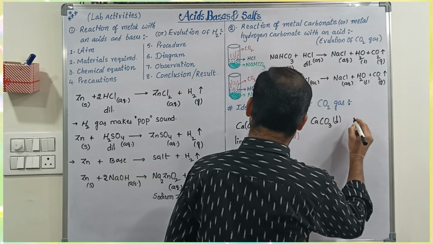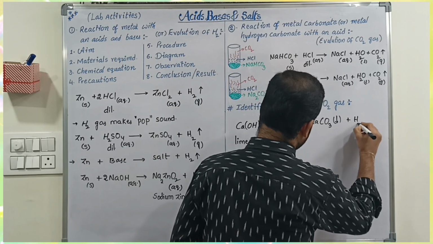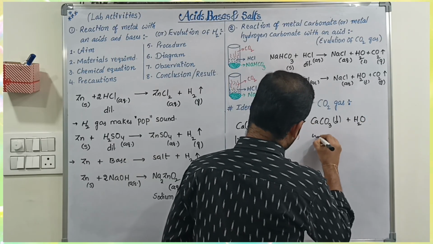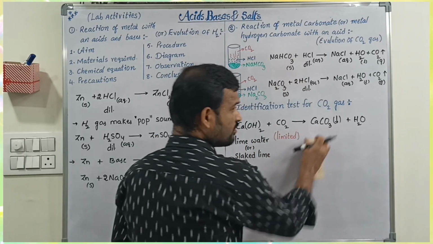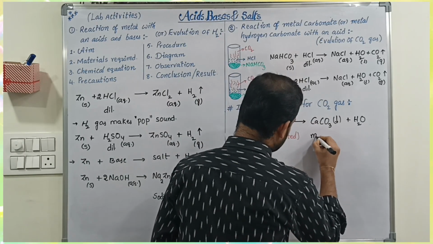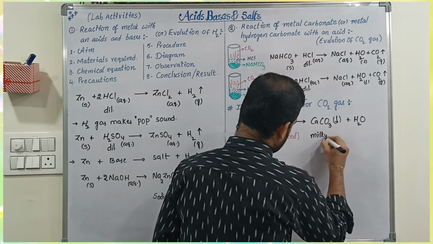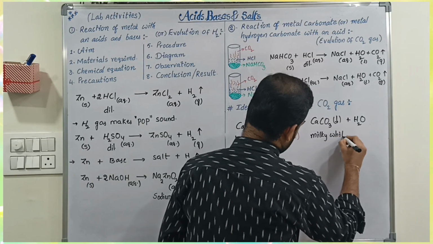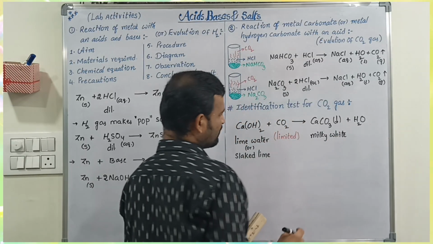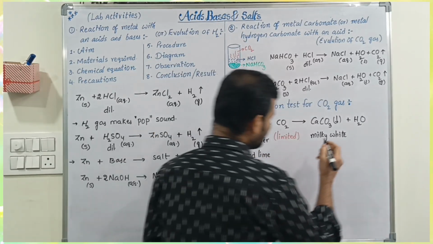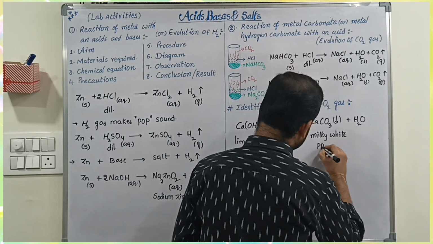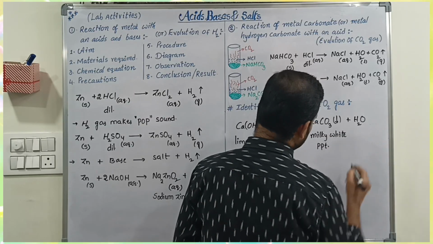It is a white PPT, a milky white PPT. What is the color of milk? White. So that kind of precipitate, PPT means precipitate, will be formed.